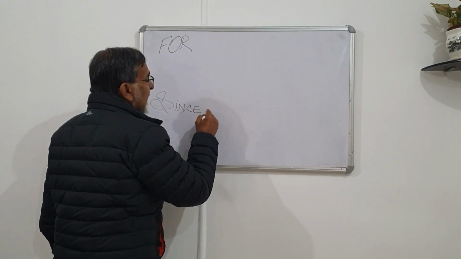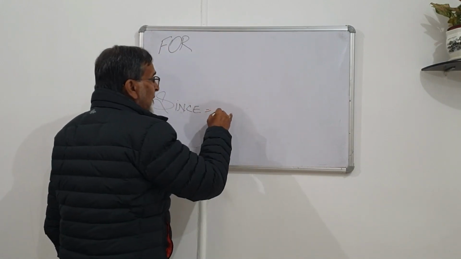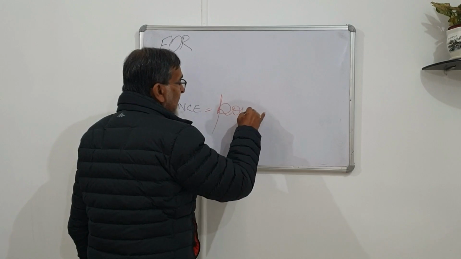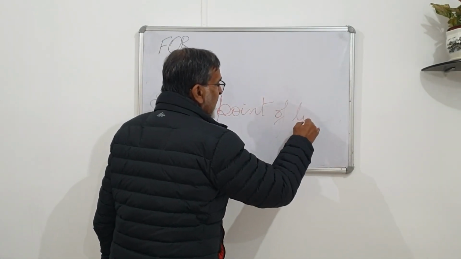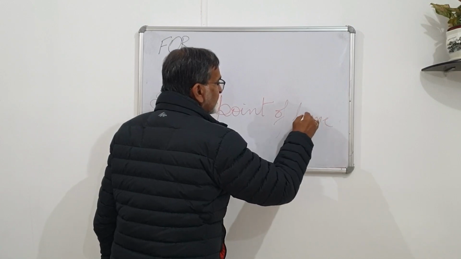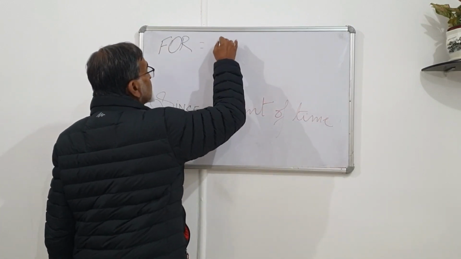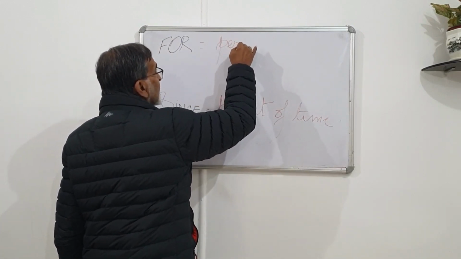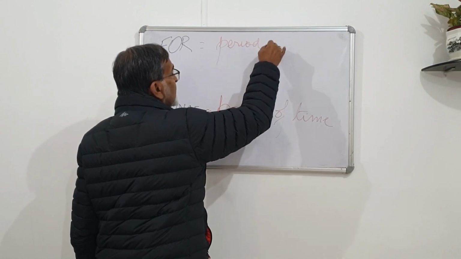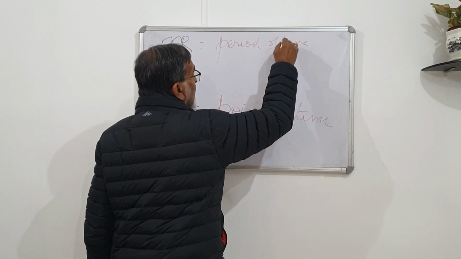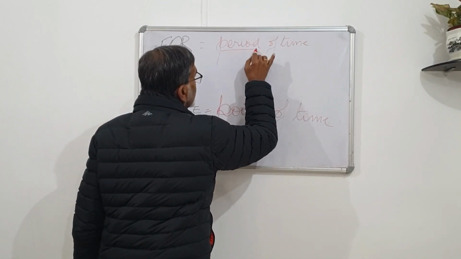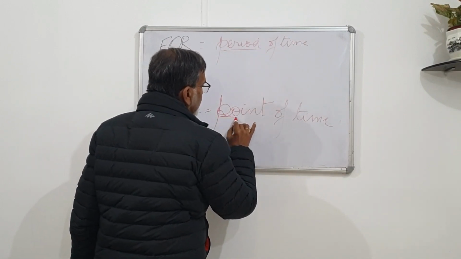Since का मीनिंग होता है point of time, and for means period of time. Period of time and point of time.